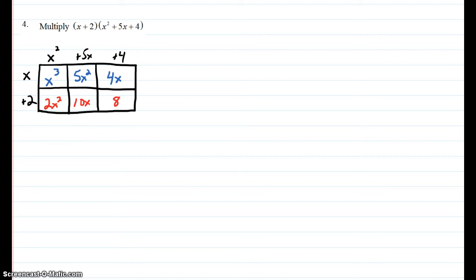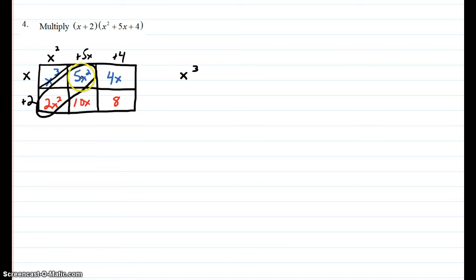So now we're going to combine our like terms. So we're looking for anything that's like. So I have an x cubed, but no other x cubed. So it's going to just be x cubed by itself. So we took care of that box. So now we have an x squared, we have an x squared. So now we can combine these two.